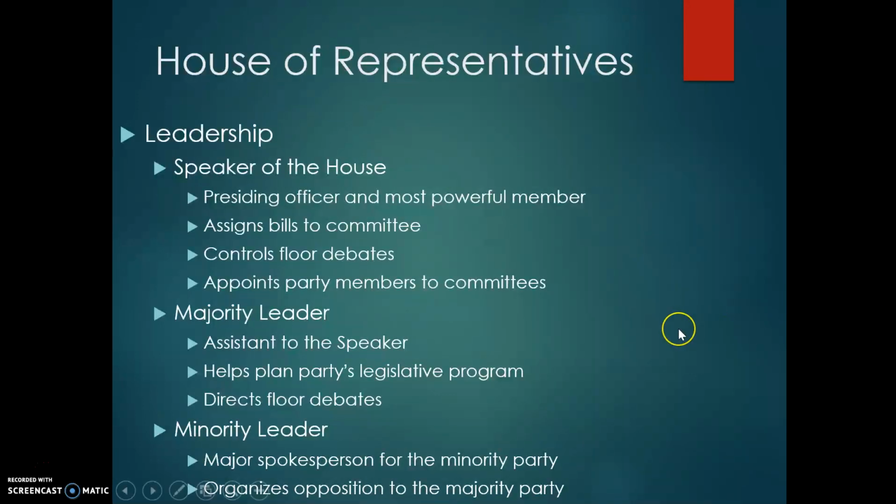So now the layout of the leadership of the House of Representatives. You have your Speaker of the House. The Speaker of the House is actually selected by all members of Congress. Now, in general, that person is a member of the majority party, the party who controls the majority of seats in the House. He is the most powerful member of Congress, third in line in succession of the presidency.